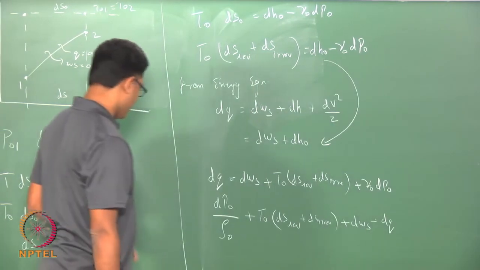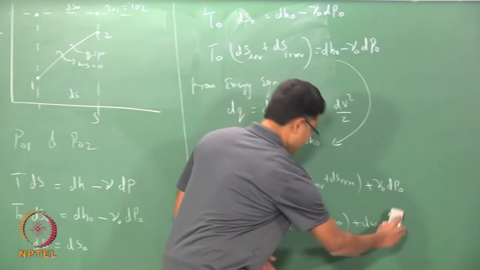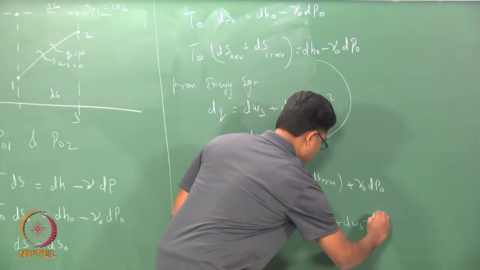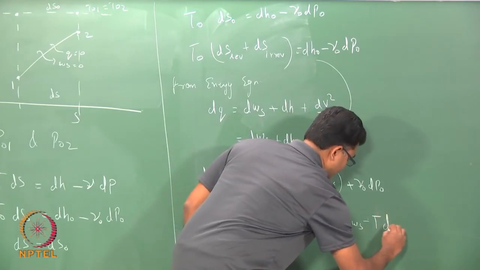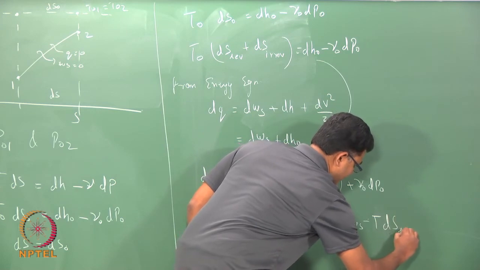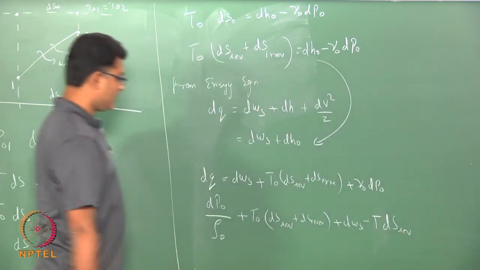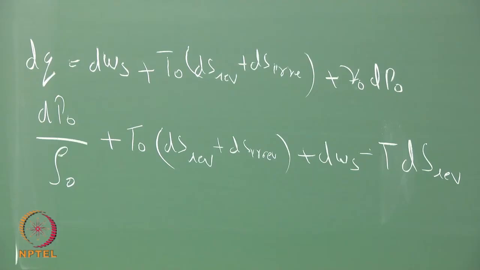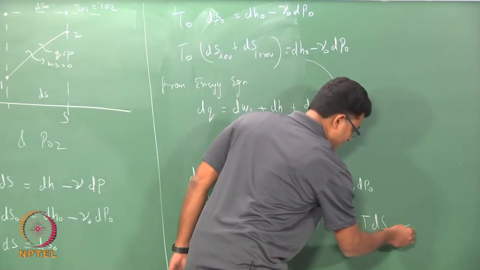Now dq I can replace as T ds reversible from the second law of thermodynamics, equals 0.